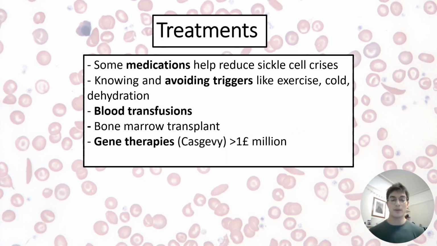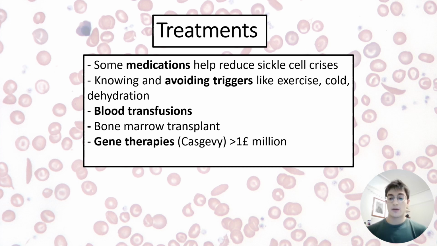So a bit about treatments. There are some medications which can reduce the number of sickle cell crises that you have, like we saw with that acute chest syndrome, where you have a blockage of blood vessels and it kind of snowballs into more blockages, more pain, more tissue death and that kind of thing. So there are some meds that help with that.